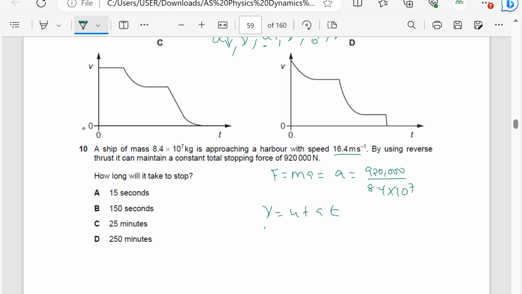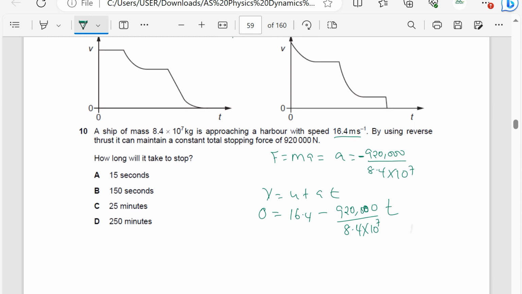To a stop, v becomes 0. It is starting from 16.4. Because it is coming to a stop, this acceleration is negative, so I'll say minus 920,000 over 8.4 times 10 power 7. This acceleration is a deceleration. It is supposed to be negative because it is coming to a stop. Then times t.